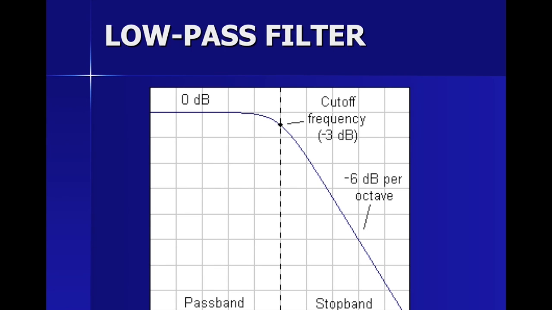These are also the same kind of filters you find in analog synthesizers, and they're often referred to as a 2-pole or a 4-pole filter. 2-pole being -12 dB per octave, 4-pole being -24, and a single pole is -6 dB per octave.